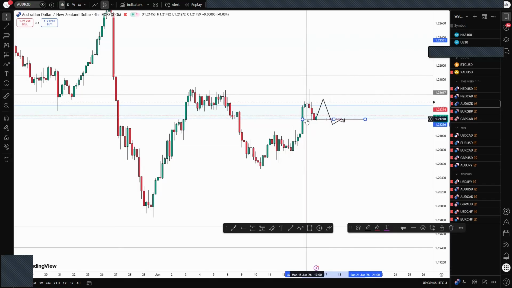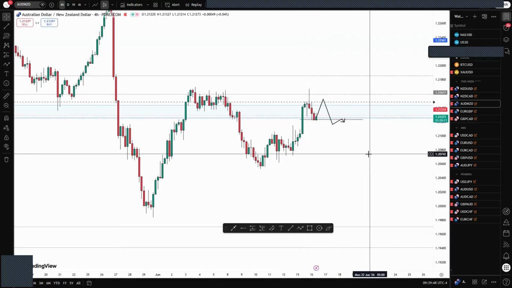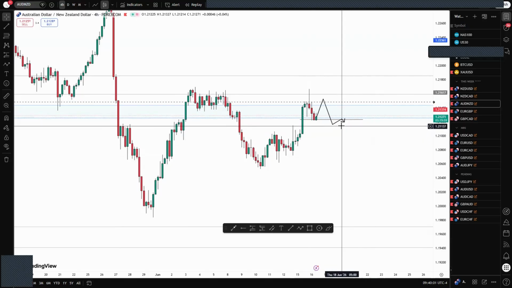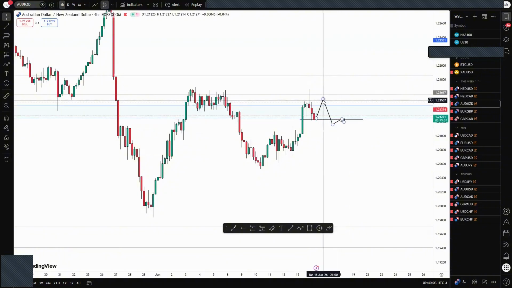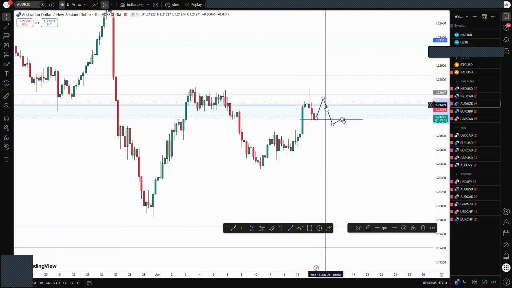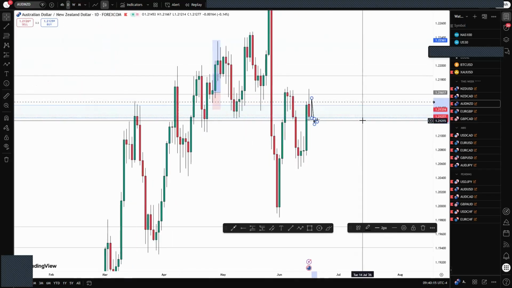So the next thing is we just have to expect this push. This one is a bit on the back, but the moment price gives us that push, this will be a very nice pair to trade.